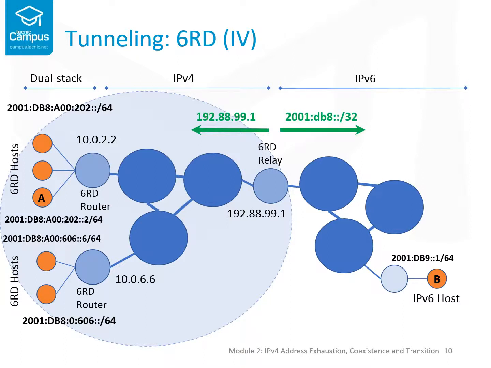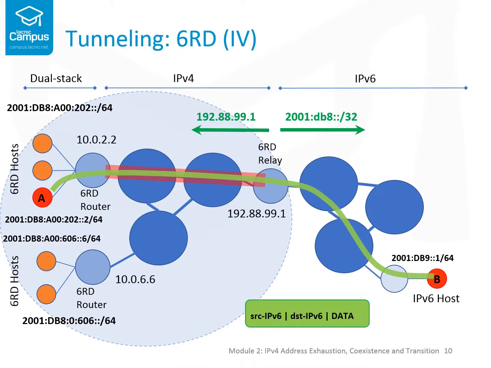To the IPv6 network, the relay will announce the prefix used for the 6RD service within the ISP. Thus, host A will send IPv6 packets through the 6RD router, where they will be encapsulated and sent over IPv4 only infrastructure to the relay, where they will be de-encapsulated and sent to host B as native IPv6.